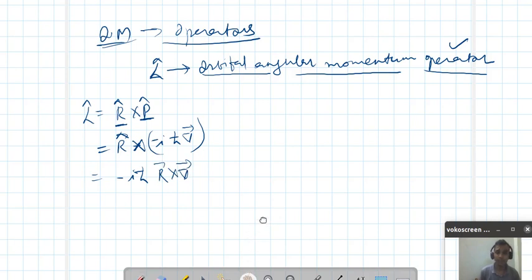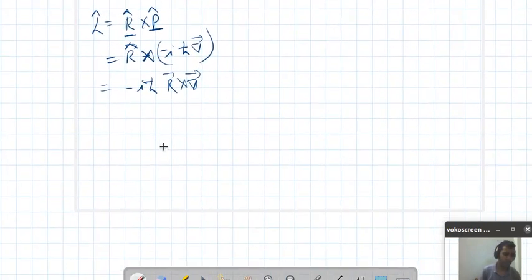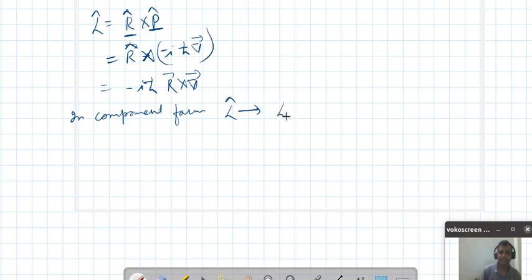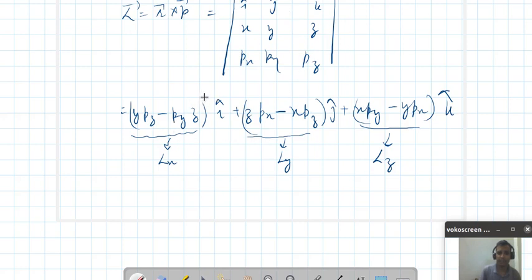But if I try to express it in terms of components, this L operator has three components, Lx, Ly and Lz. So these are represented in operator form in this way.